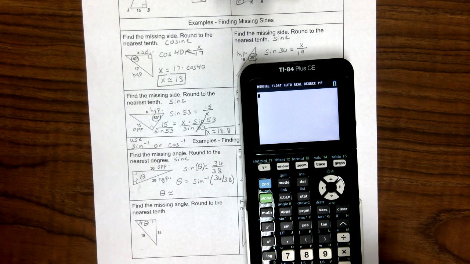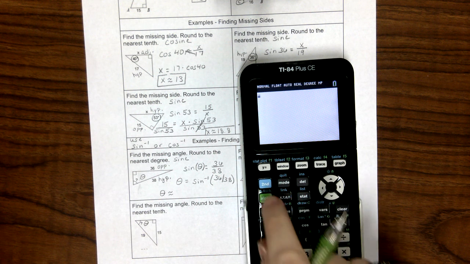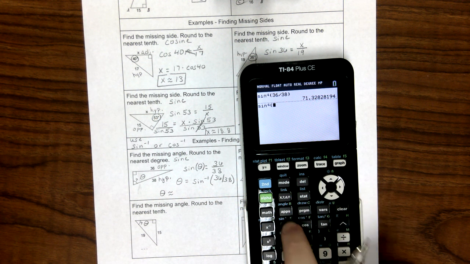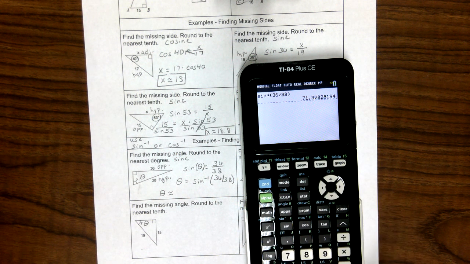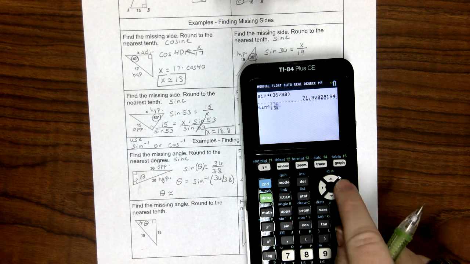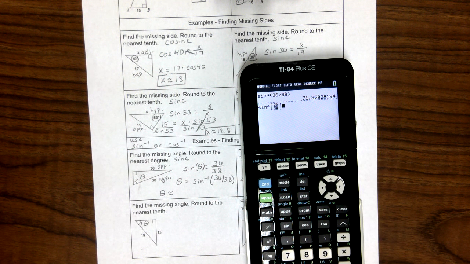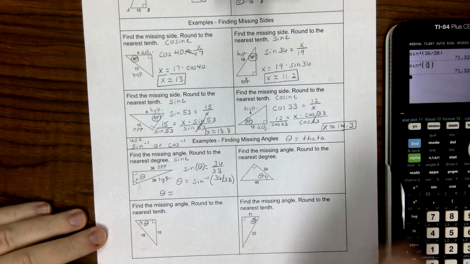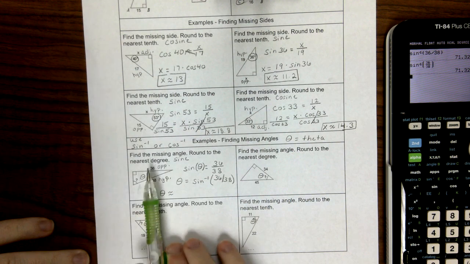So remember how to type that in. They're written in blue, so we hit the blue key and then hit sine. Then you can type in 36 divided 38 like that. Or you can use alpha y equals and type in the fraction that way. That's usually what I do. But you get the same thing either way. Okay, we were told to round to the nearest degree.